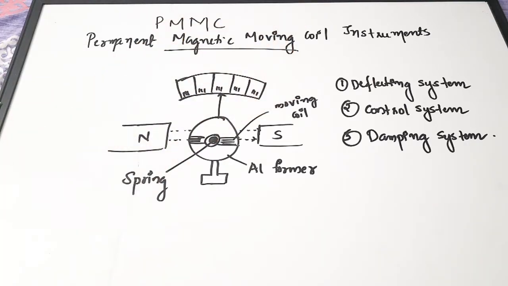Now, what is the working principle? What all things are happening inside these PMMCs? Let's see. PMMCs consist of mainly three systems: deflecting system, control system and damping system.